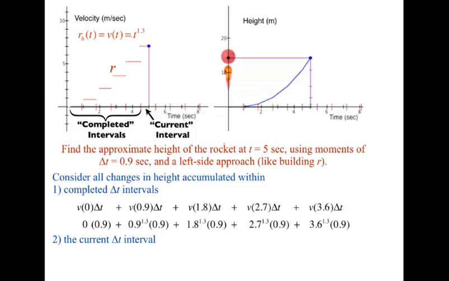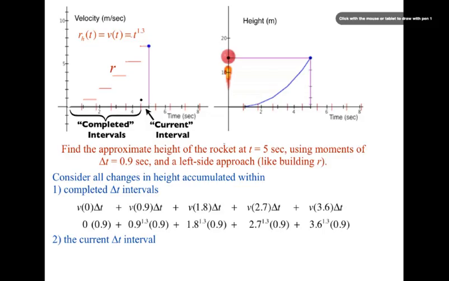And what did we say about dt? We said, or dx, right? We said it changes within a moment. So this is where dt comes in. dt is the amount of change in the current interval. So what is dt in this case? The end of the completed intervals are at 4.5. And we're currently at 5.